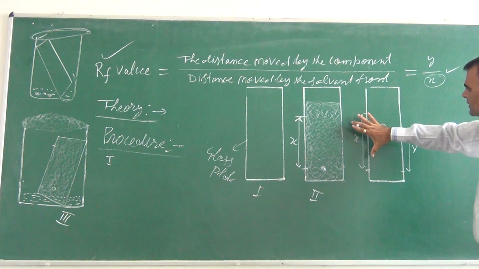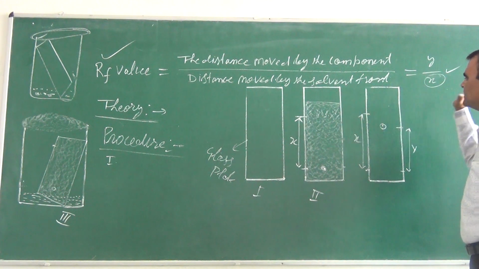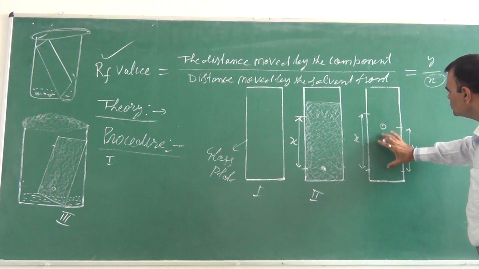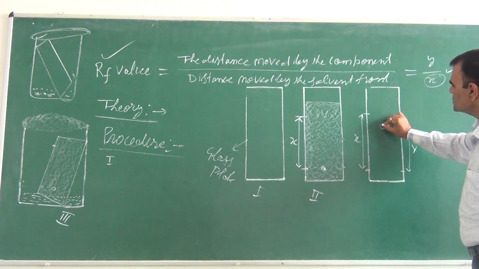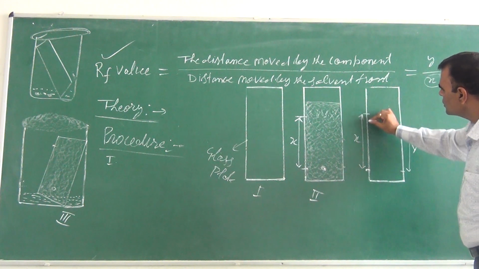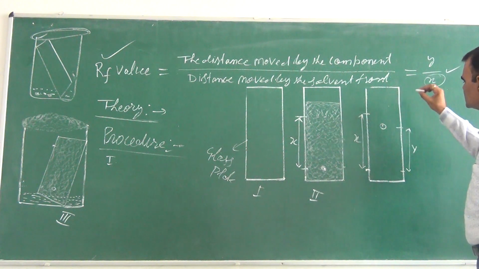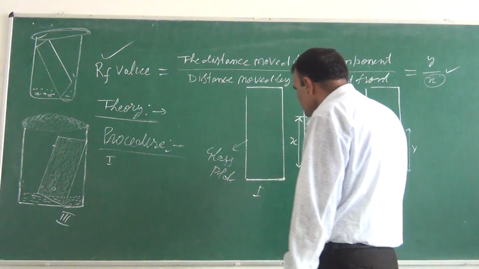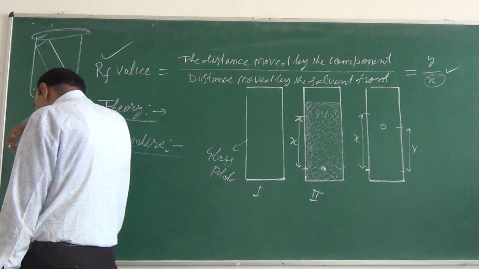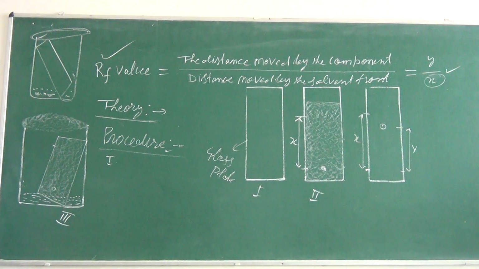The distance traveled by the solvent will always be greater than the distance moved by this point. This point has moved from this to this, and the solvent has moved from this to this. So this is the procedure and the steps we have to follow.